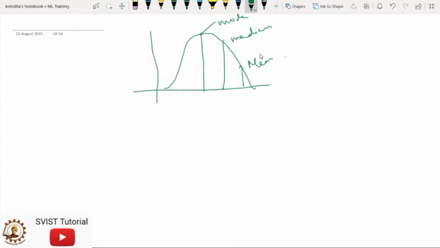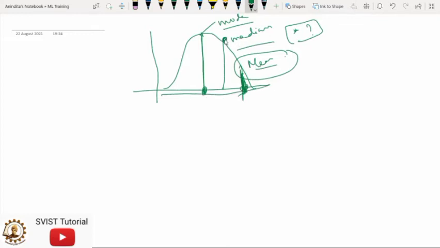So this curve, actually the drawing is not correct. Why? Because whenever we have this kind of situation, here you can see that the mean value is greater than the mode value. The mode value is here in this axis, the mean value is here in this axis.